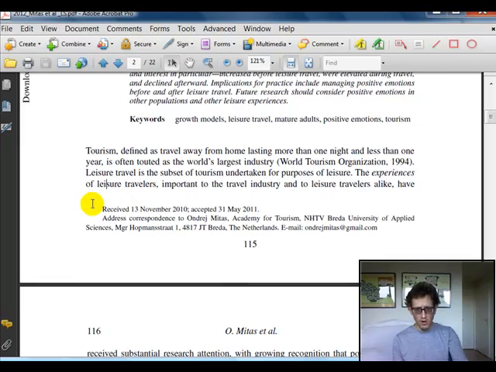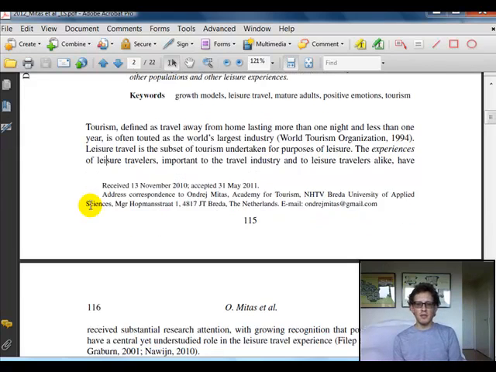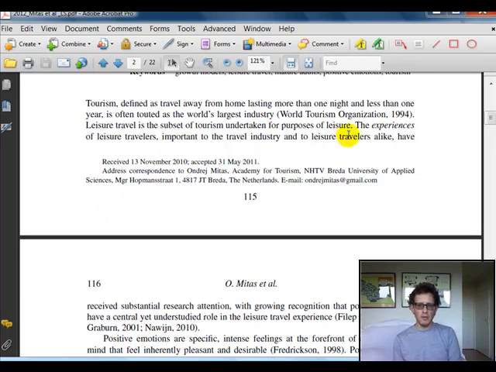And very quickly, I say, hey, this is an important topic. What's the topic? Well, the experiences of leisure travelers, important to the travel industry, etc., have received substantial research attention, growing recognition that positive emotions, which this paper is about, have a central yet understudied role in the leisure travel experience. So this paper is about positive emotions.